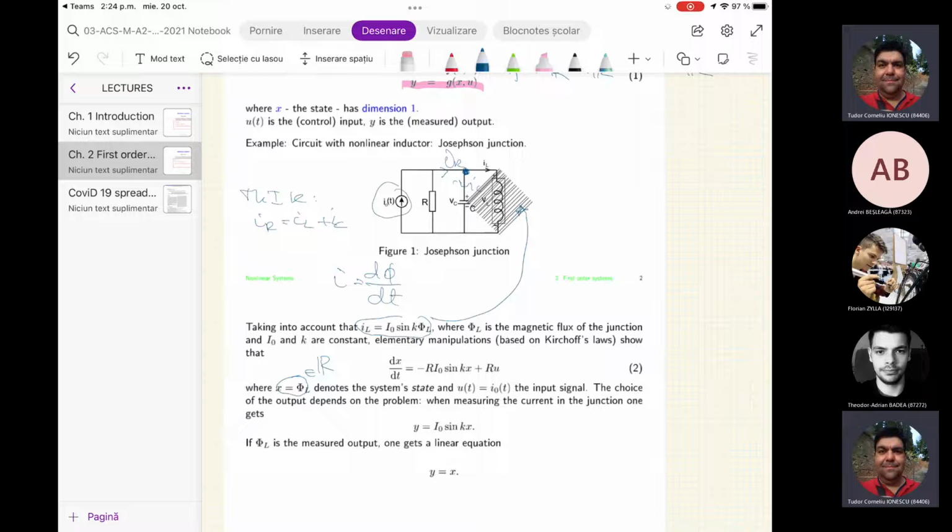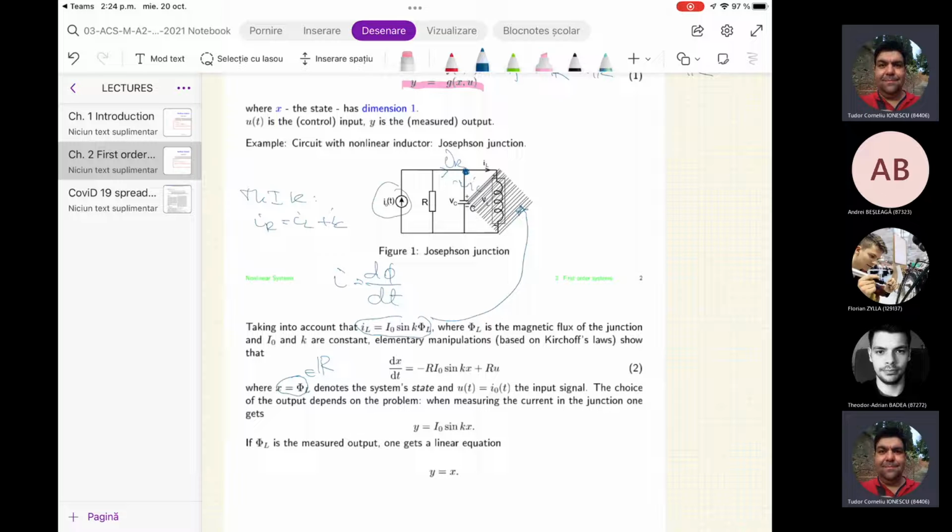Now the question is, what are we going to measure? Any model depends on the measured variable. Taking into account what you're going to measure, you get a specific model. If you change the measured variable, the model changes as well.